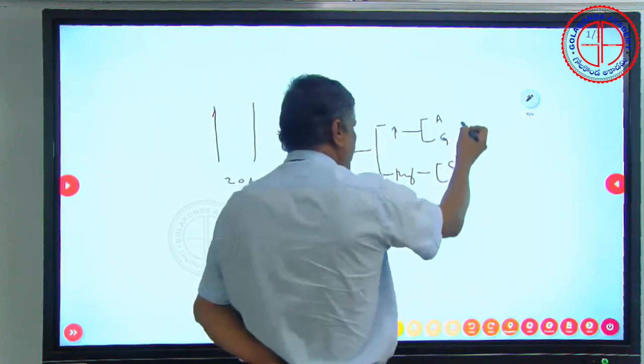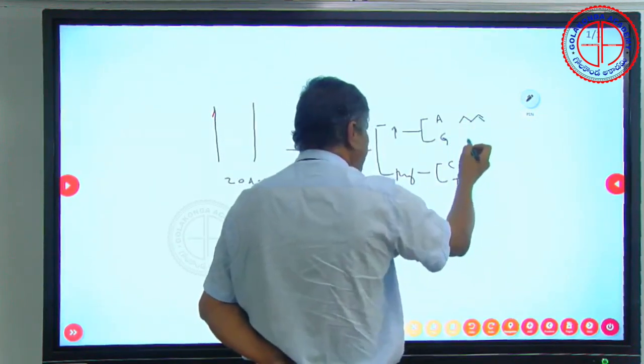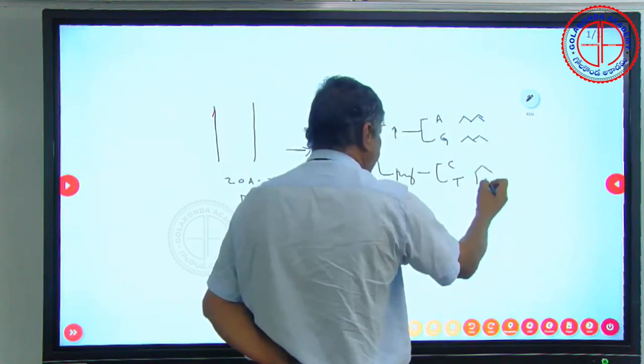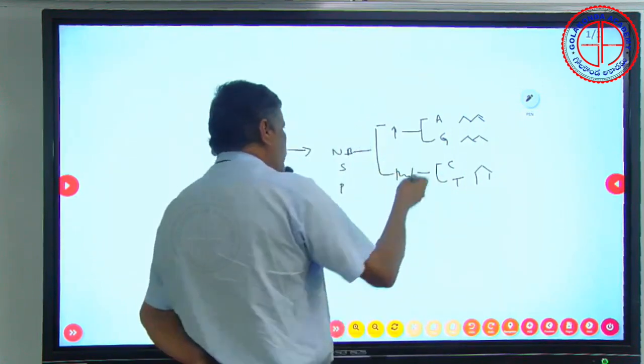In the structure of these, two benzene cycles are there in the purines, and a single benzene cycle in the pyrimidines.